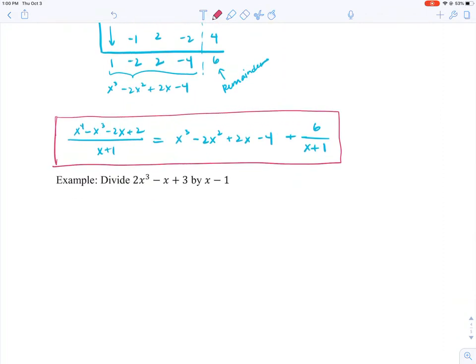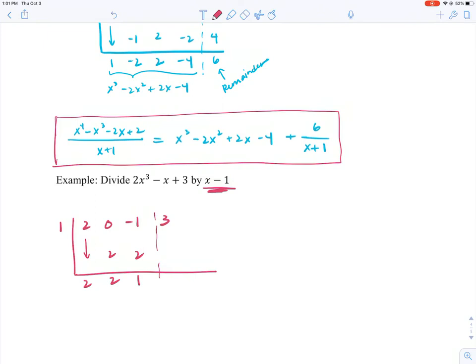All right, let's try this next one. We can use it since our divisor is x minus 1. Okay, I make my kind of half box. I'm putting 1, because 1 would make my divisor equal to 0. And then I'm putting all the coefficients of my dividend. Okay, remember the last column is going to be the remainder. So we bring 2 down. 2 times 1 is 2. Add straight down. 2 times 1 is 2.